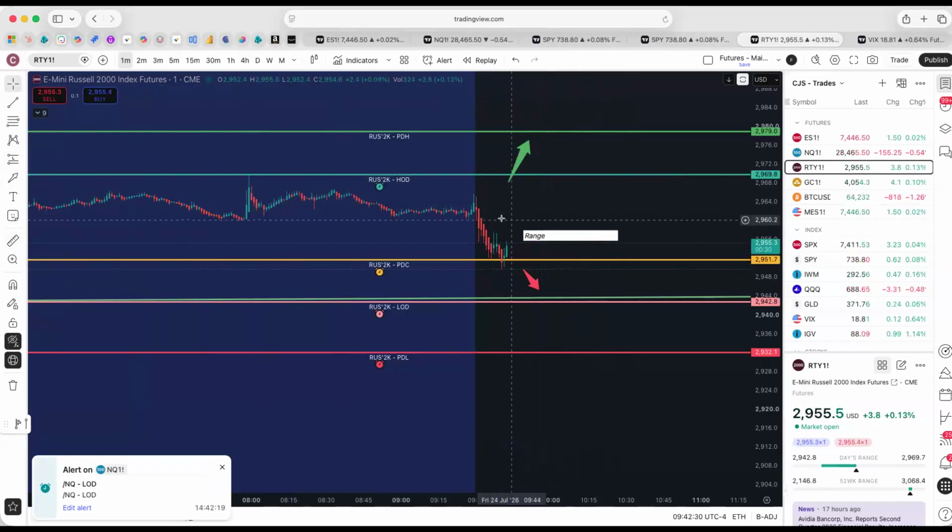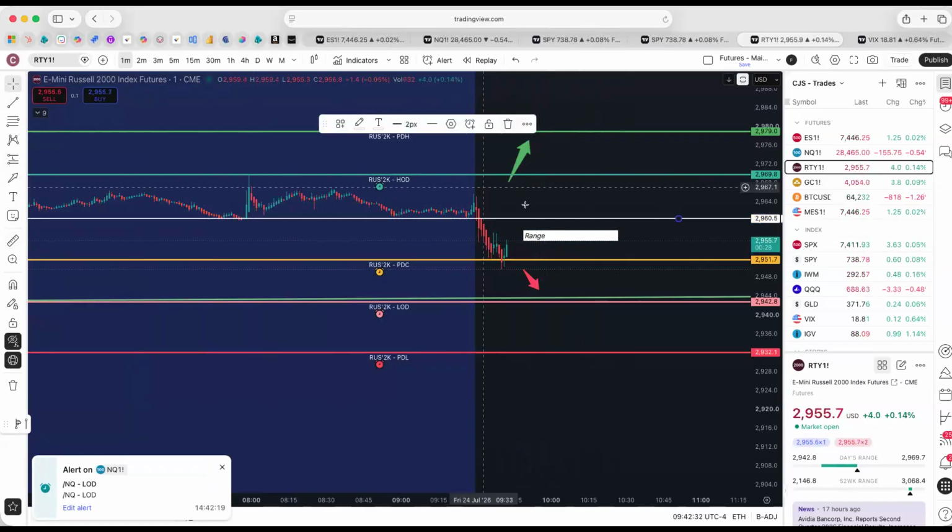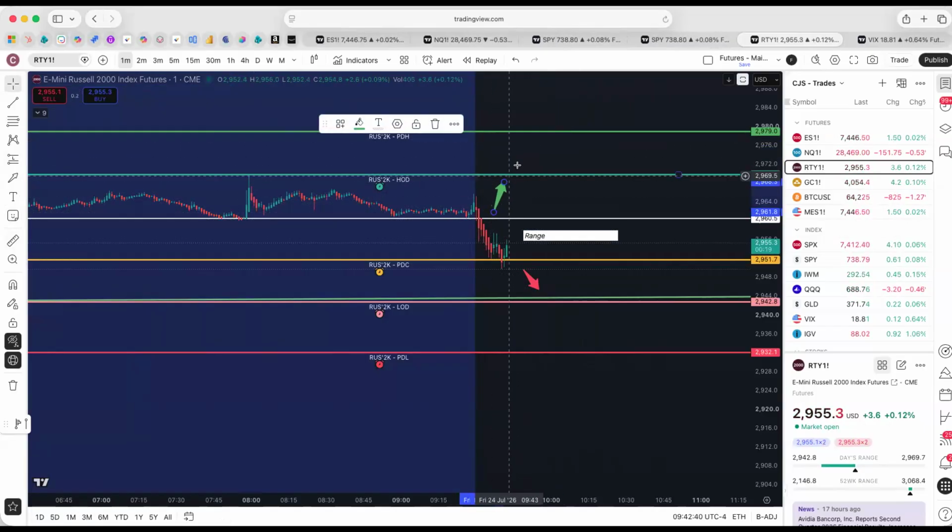But what I'll do is I'll just put a line here. So if we break these two places to the upside, you can take buy from here to here, first level, and then second level will just be there to previous day high. Sell, which would be the equivalent of puts in options, will just be like this.